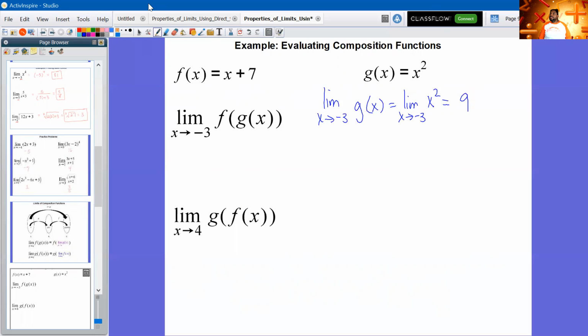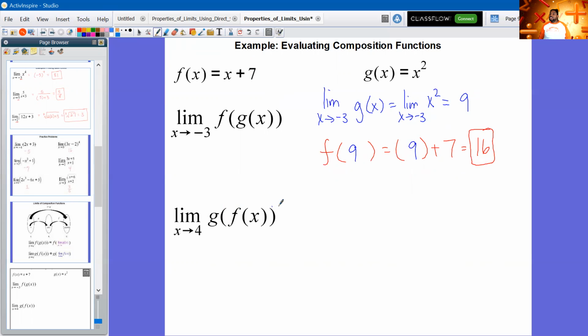So that's 9. And now I'm going to evaluate f at the limit I got from g, I get 16. So the limit of f of g of x is 16.